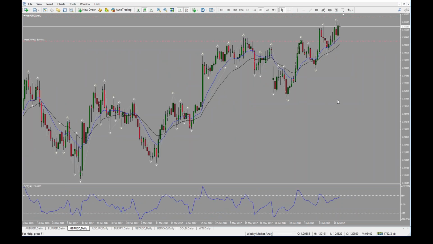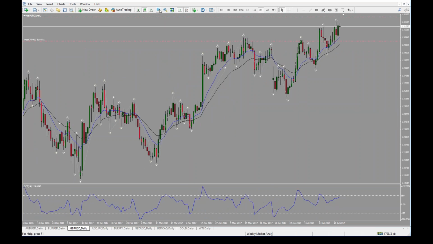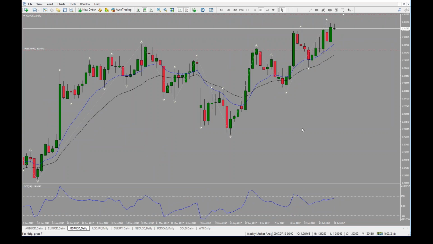Give me one moment. There's no resistance, which is good. I mean, it's good for us who are in the trade. Look, if I wasn't in a trade, what I would wait for is a pullback again, and then try and hit it in this direction.